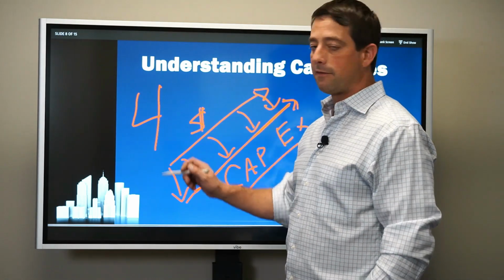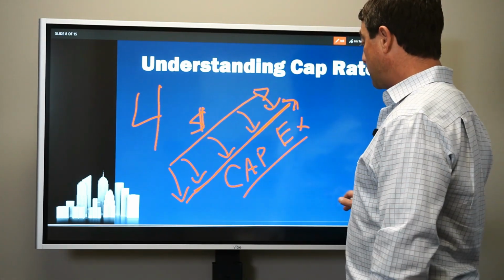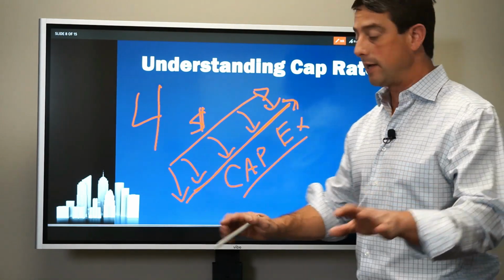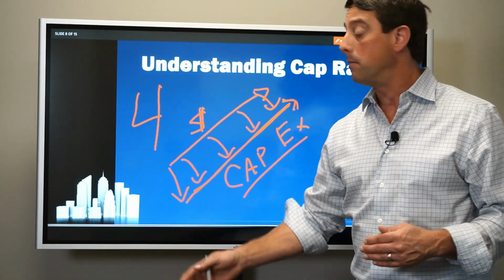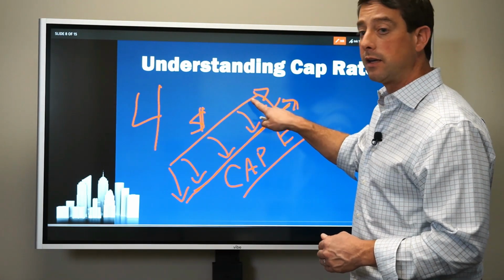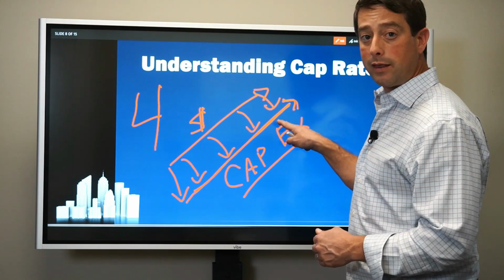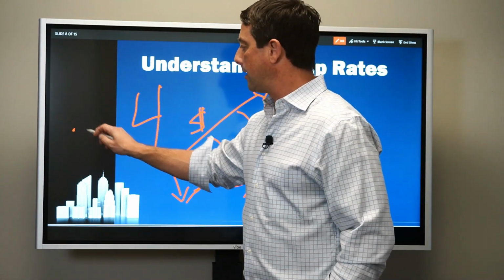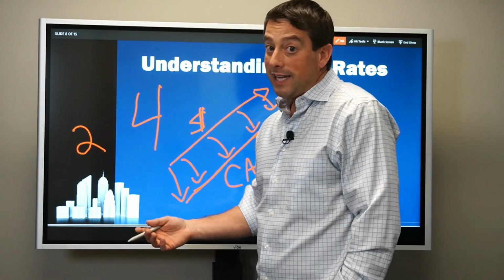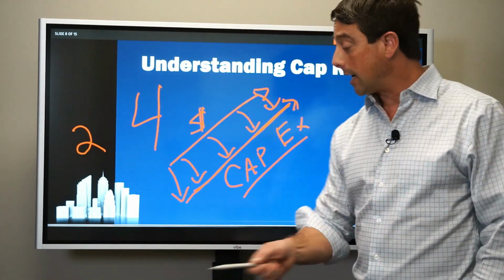Meaning if you bought it at a 4 and you did not increase your net operating income, because you may have increased rents, but the expenses went right along with it, then you never decompress the cap rate and now you've got to sell it at a 2 or a 3 to make money. So be very, very careful about that concept.